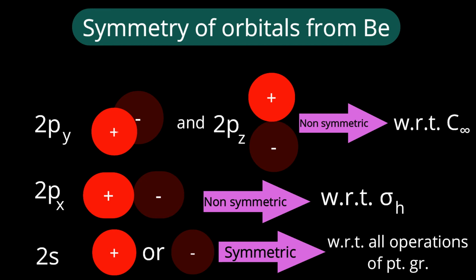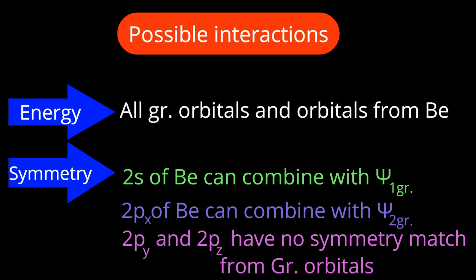Is the application of symmetry to the atomic orbitals of beryllium and group orbitals of hydrogen clear? Let us recap two points. Energy: which orbitals are suitable to interact? Yes, 2s and 2p orbitals are both suitable to interact with group orbitals of hydrogen. Energy gaps are sufficiently low, which was one of the essential conditions to form molecular orbitals. The second point is about symmetry, regarding atomic orbitals of beryllium and group orbitals from peripheral hydrogens.